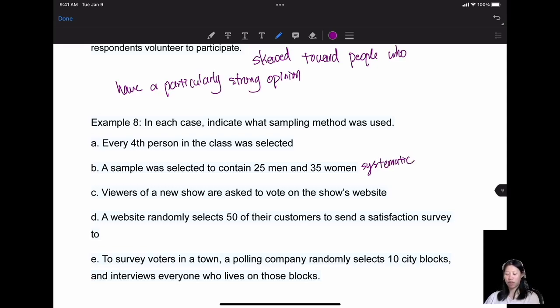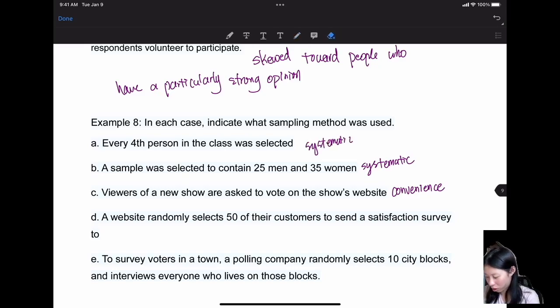Second, viewers of a new show are asked to vote on the show's website. This should be what? Convenience sample. Oh, I'm sorry, the previous one should be systematic. I wrote it wrong.